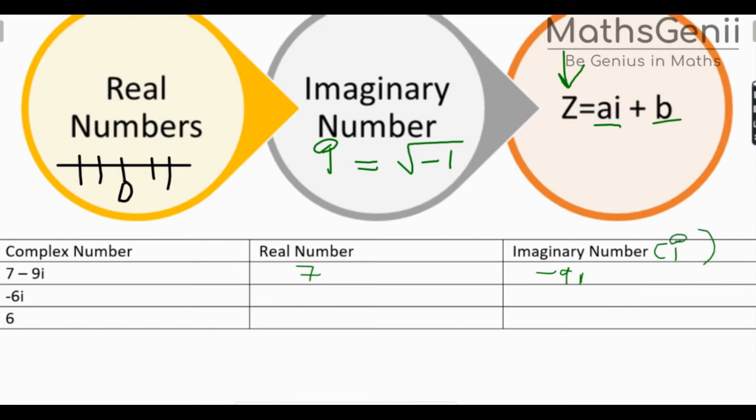Minus 9 is your imaginary part. Then in this question, is there any real part? No. So real is 0. And is there any imaginary part? Yes. It is minus 6. Now in this question, 6 is a real part. Does it have any imaginary part? No. So this was a small exercise for your real and imaginary numbers.